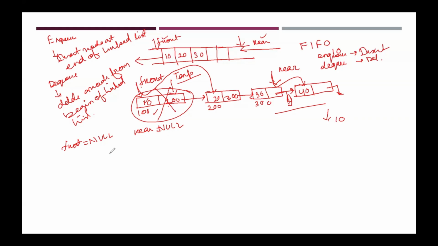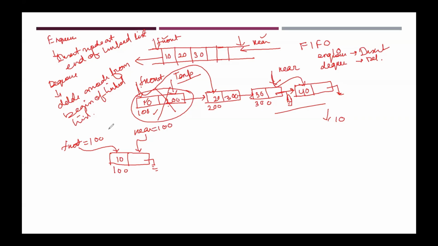Then you have to simply create the node, store the data, and make the next pointer null. Whenever we are inserting the first node into the queue, we have to make it both the front as well as the rear. For example, this address is 100. Then this address also. Now this is 100, this is 100.